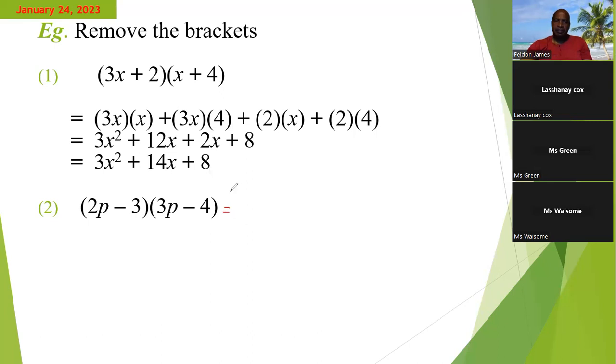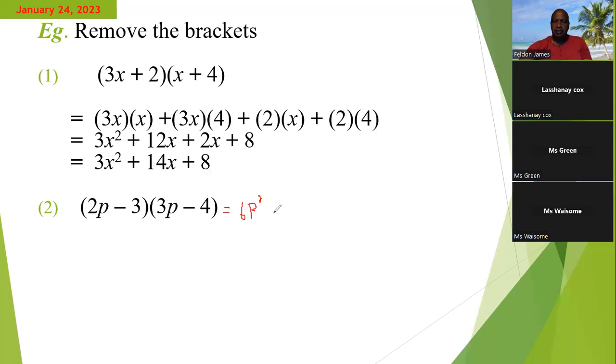All right, so sir, first, 2p times 3p would have given us 6p squared, and then negative 3 times 3p.